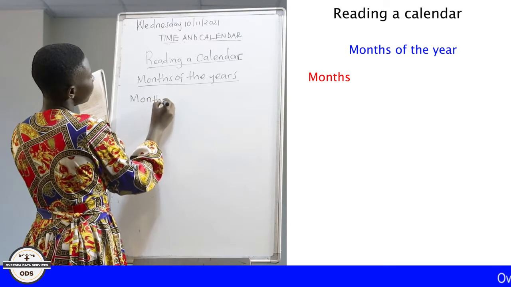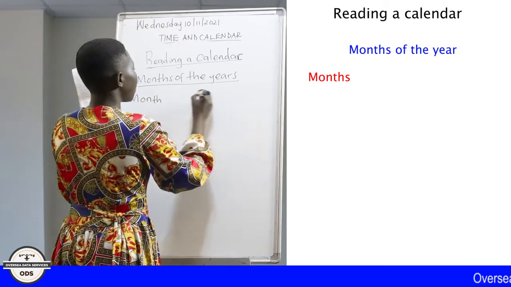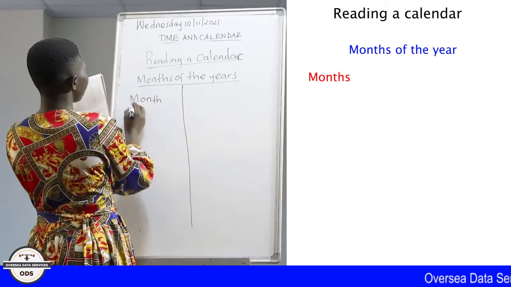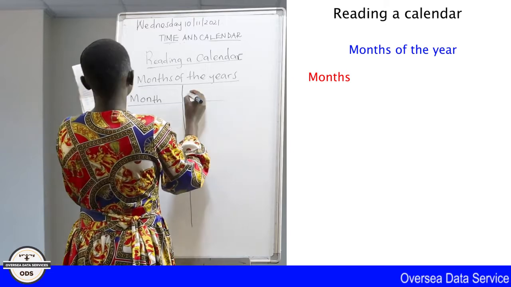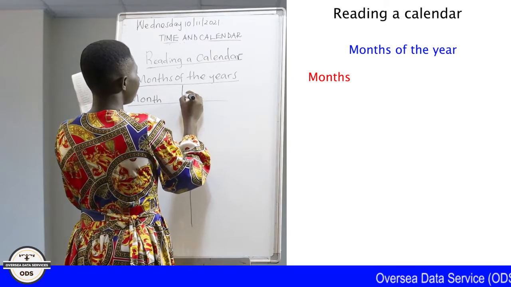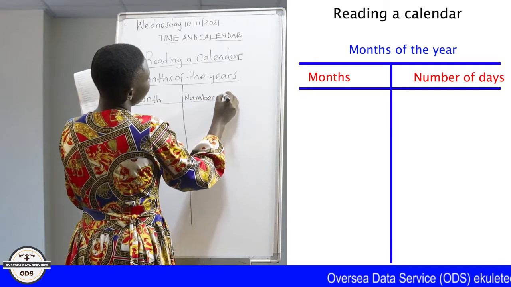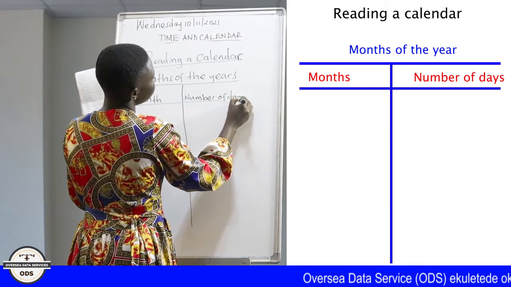We are going to draw our table. The first column is where we are going to write months, and the next is the number of days.